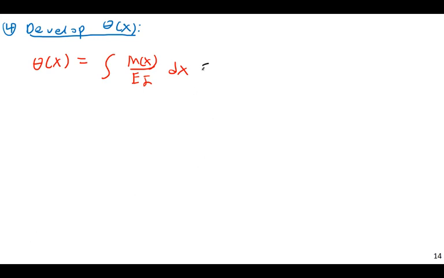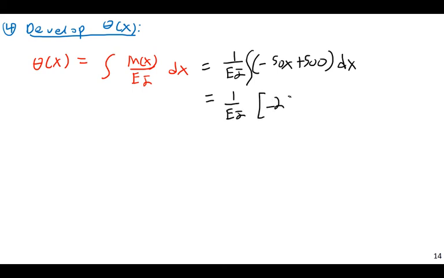This is equal to 1 over EI times, let's say, the integral of negative 50x plus 500 dx, or is simply equal to 1 over EI times negative 25x squared plus 500x plus C3.